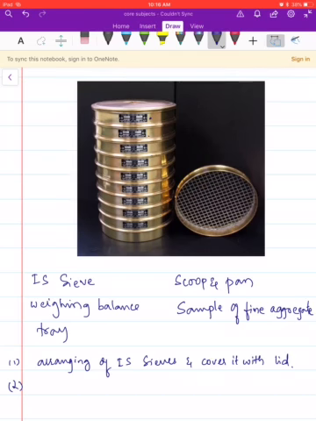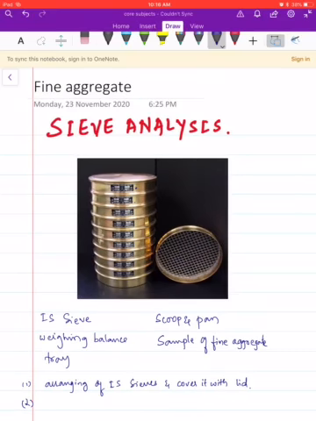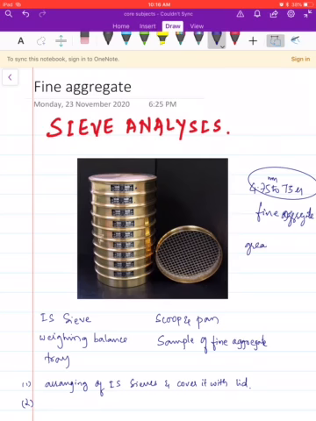Now let us discuss what this IS sieve is. As we discussed in the previous class, the aggregate in the range of 4.75 mm to 75 micron is termed as fine aggregate, and the aggregate which is greater than 4.75 mm is termed as coarse aggregate.